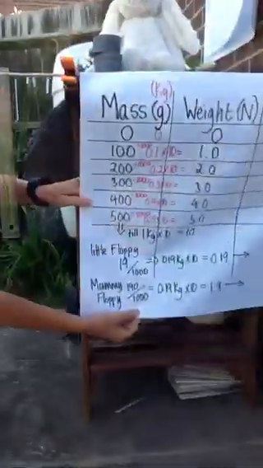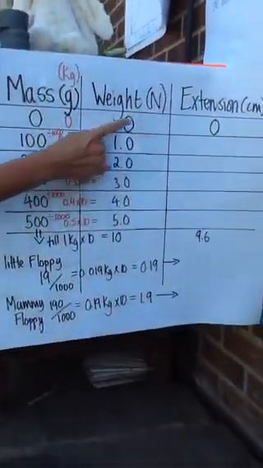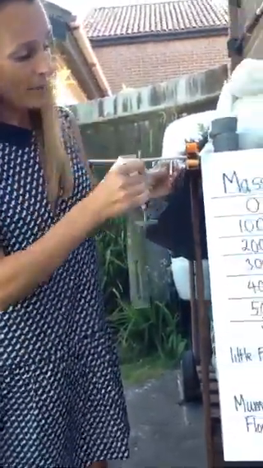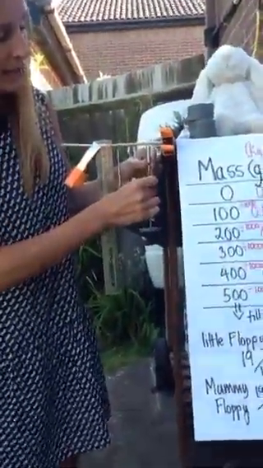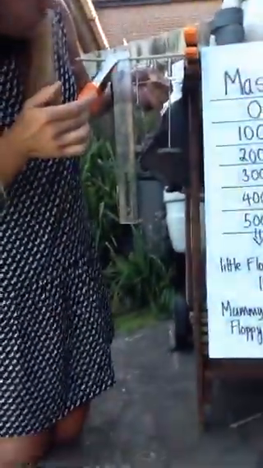I did myself a lovely results table like this. So with zero mass and zero weight, it has zero extension. But then I added 100 grams, and I would very carefully use my lolly stick to go across to where the bottom was, and I could see that it was about 5 centimetres.